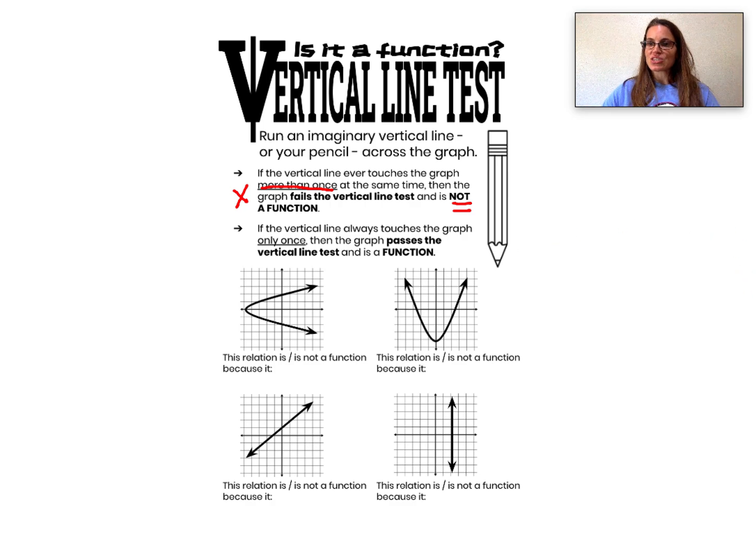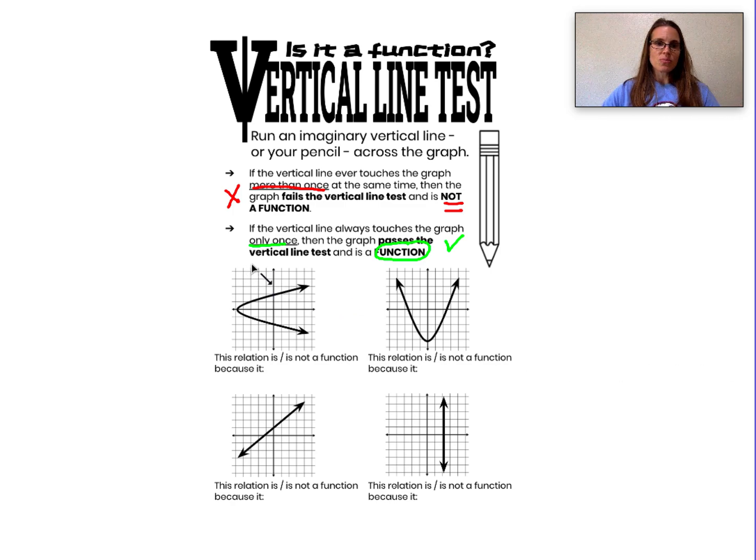If, however, as you move that vertical line across the graph, it is only intersected one time, never more than once, only once, then the graph passes the vertical line test, and it is a function. Let's look at some examples.